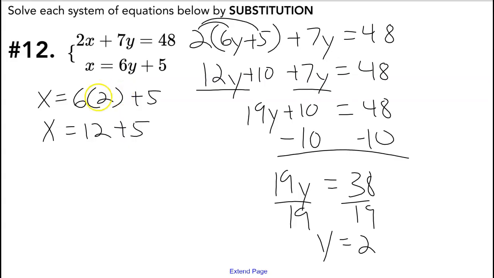I do 6 times 2, which is 12. And so I have x is equal to 12 plus 5. And x is equal to 17. So now I have my point. You want to make sure you put the right number first. The x goes first, 17, 2.